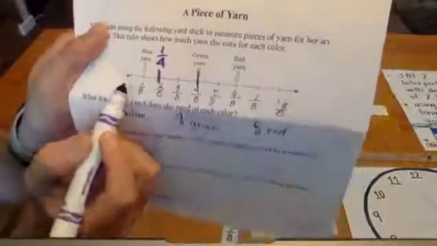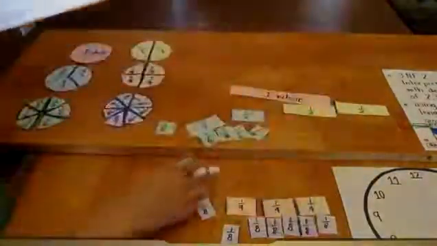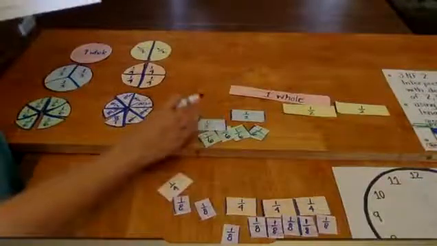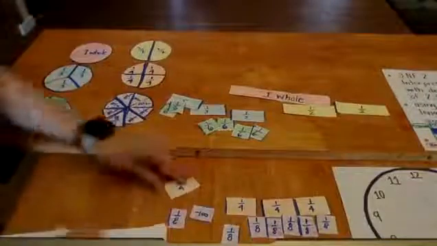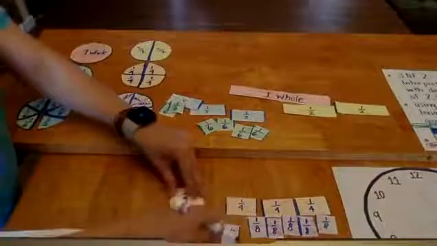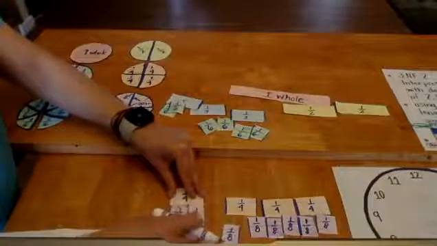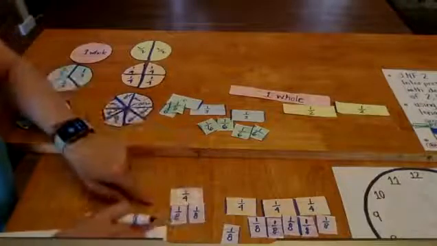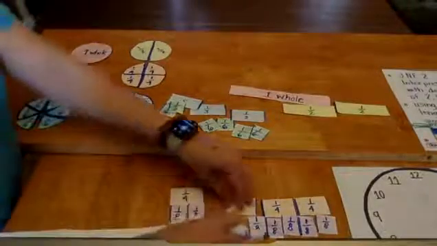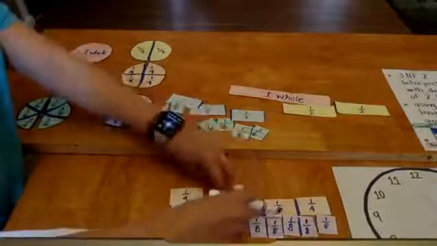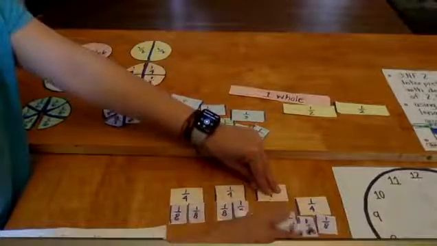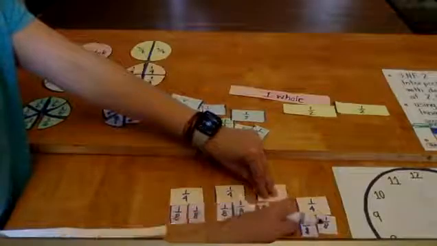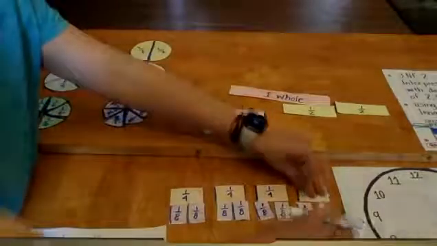Because the 1/4 has 1/8, 2 eighths, just like we showed here with our area models. 1/4 is the same value as 2/8. Okay? 1/4 has the same value as 2/8. So I'm relating my area model to my length model as well. Okay?